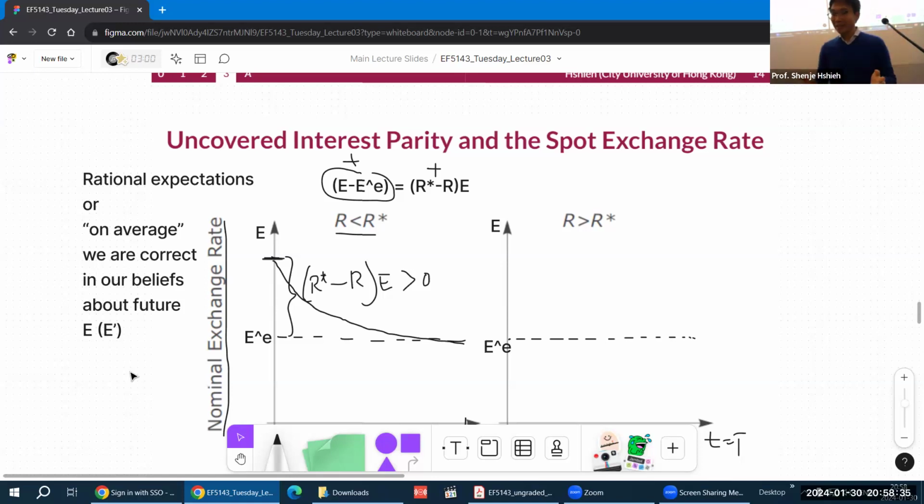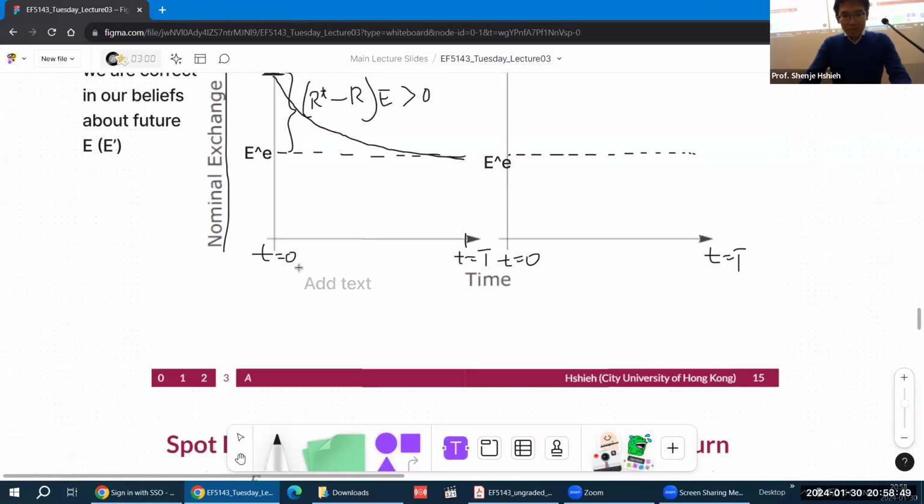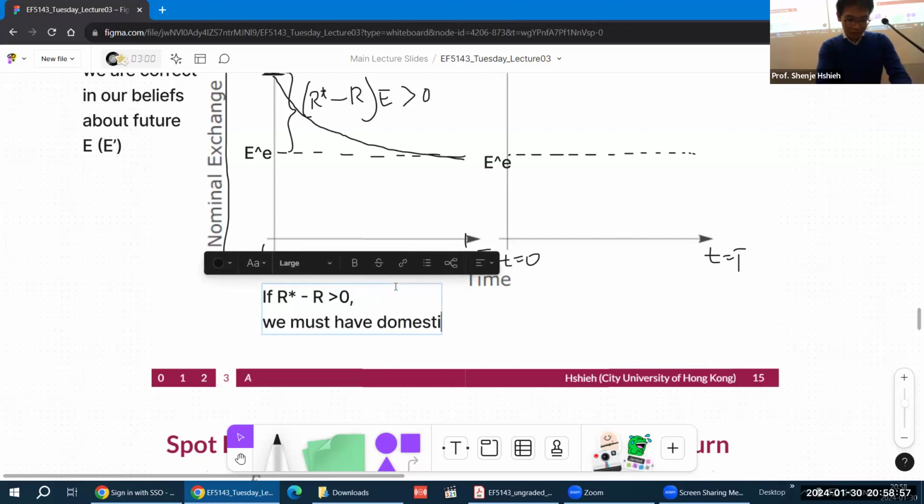That's exactly what it's saying. Because if E today is not high enough, then there is not enough room for it to appreciate all the way to E hat E. So if R star minus R is greater than 0, we must have domestic appreciation, or in other words, E decreases.